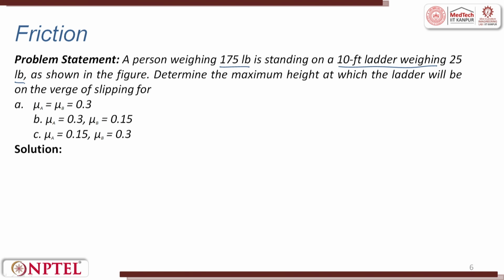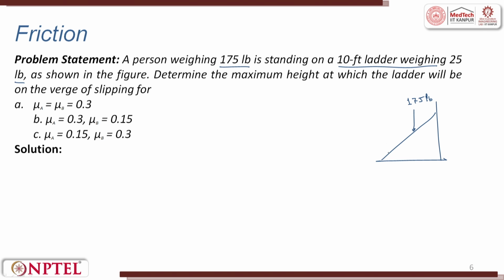I will draw a figure here. This is a ladder that is 10 feet long and a person is standing here who is weighing 175 pound. Determine the maximum height at which the ladder would be on the verge of slipping.